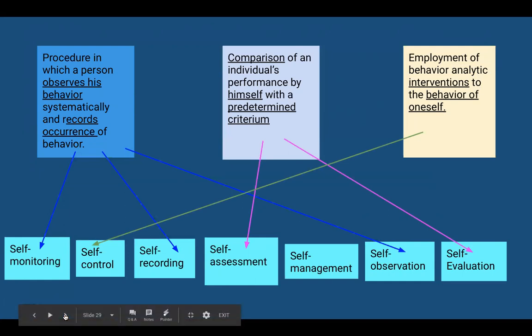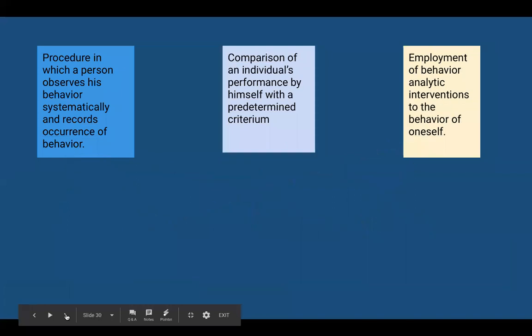The last one is tricky, right? And self-management. Self-control and self-management. I think this is one of those things that you need to review over and over again to memorize. So, who wants to say procedure in which a person observes his behavior systematically and records occurrence of behavior? Which one goes there?